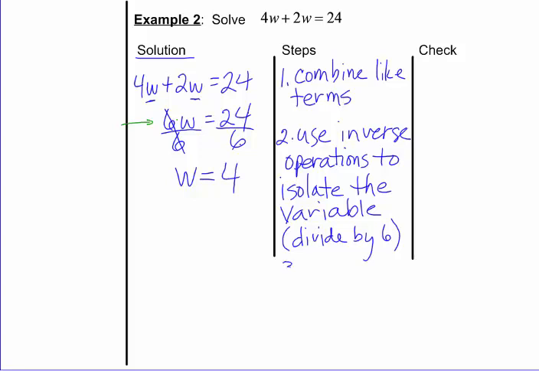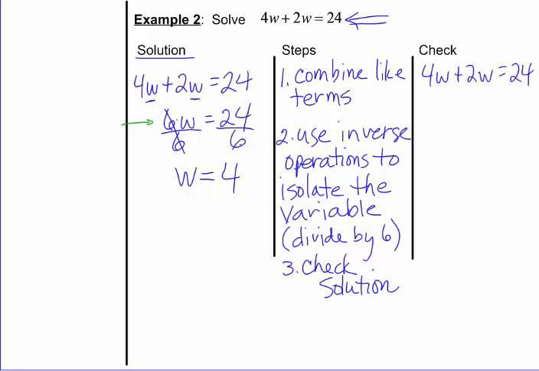Now we're going to check. To check your solution, you go back to the original equation all the way up here: 4w plus 2w equals 24. You're going to substitute the answer you got into the variable in the original equation.